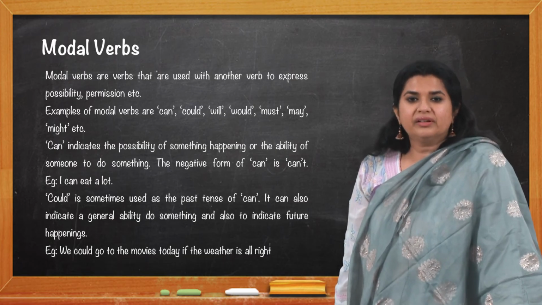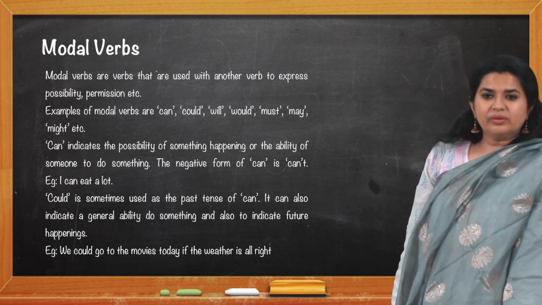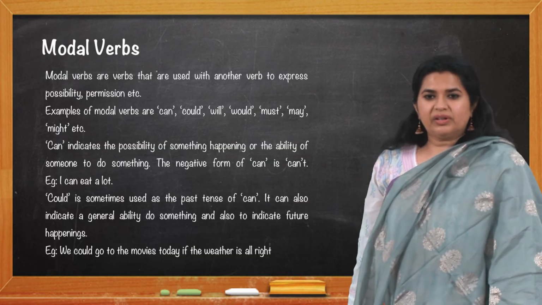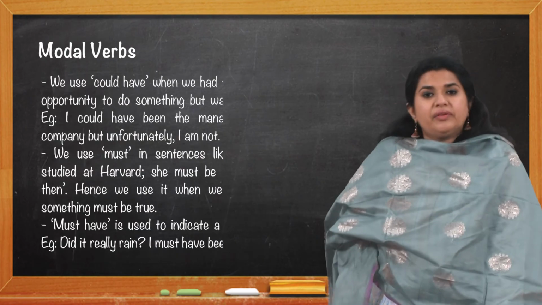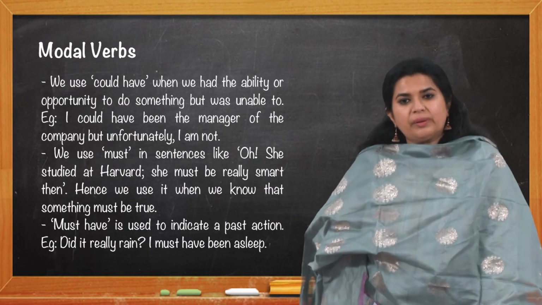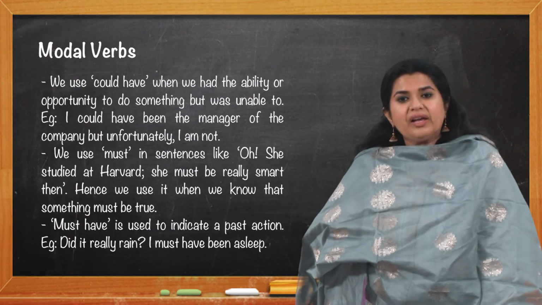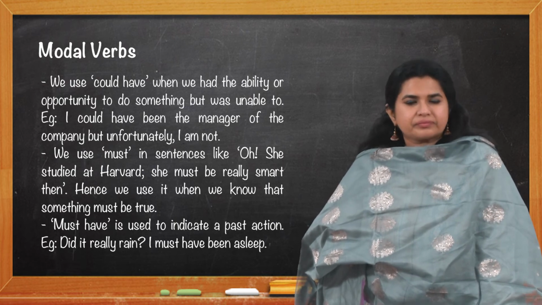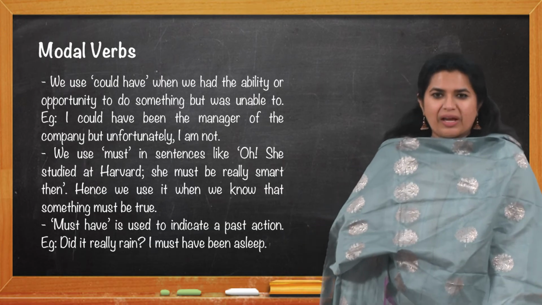It can also indicate a general ability to do something and also to indicate future happenings. We could go to the movies today if the weather is all right. We use could have when we had the ability or opportunity to do something, but we were unable to. Example, I could have been the manager of the company, I could have been the CEO of the company, but unfortunately I could not or I am not.